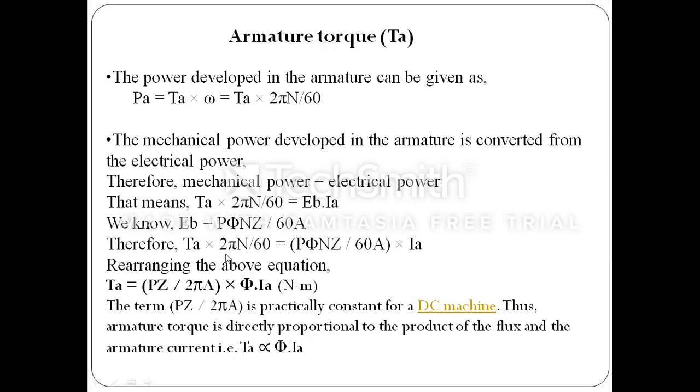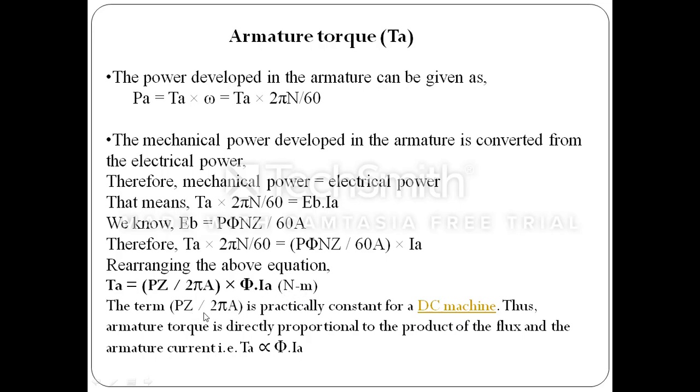Therefore, TA into 2 pi N divided by 60 is equal to P phi N Z divided by 60 A into Ia. Now rearranging the above equation gives us TA is equal to P Z divided by 2 pi A into phi into Ia, and torque is in Newton meter.